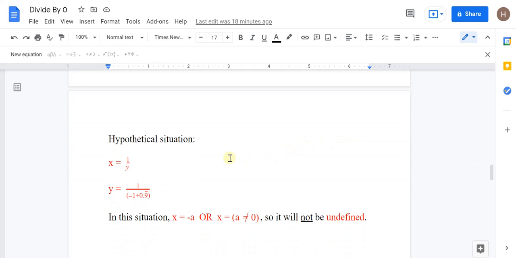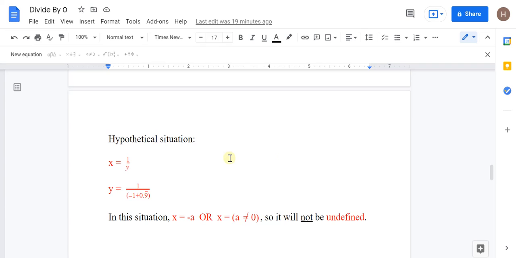Let's say, hypothetically, x equals 1 over y, whereas y, this time, is the closest negative number to 0. Y will equate to 1 over negative 1 plus 0.9 repeating.